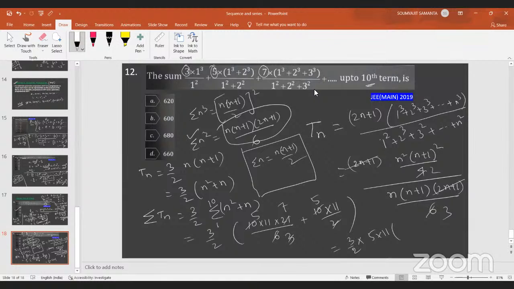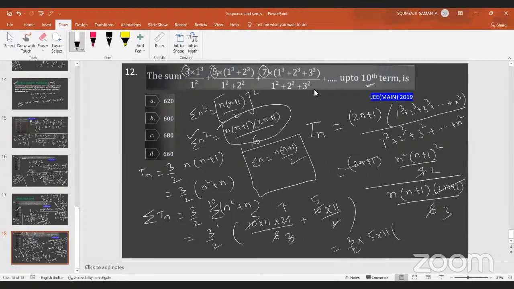Any mistake? 10, 11, 21, 5. What is the mistake?